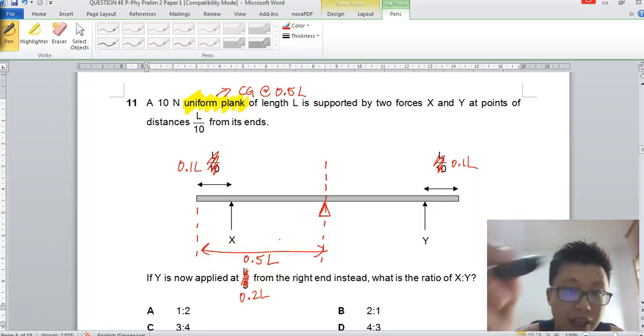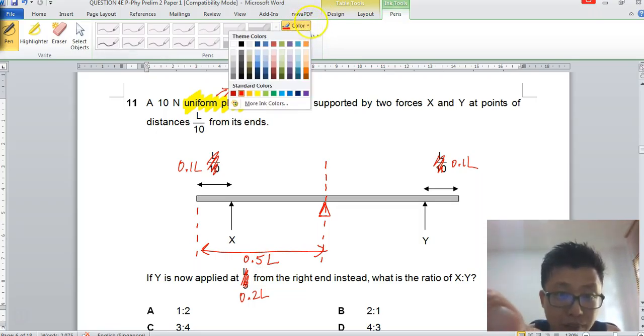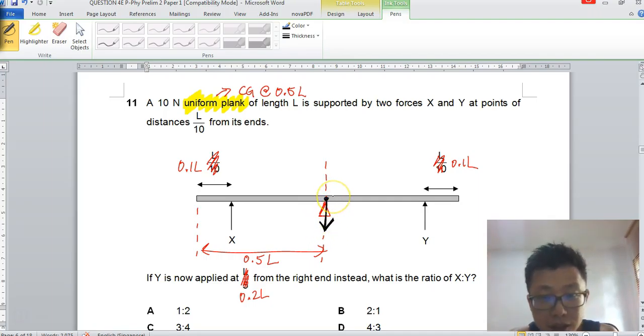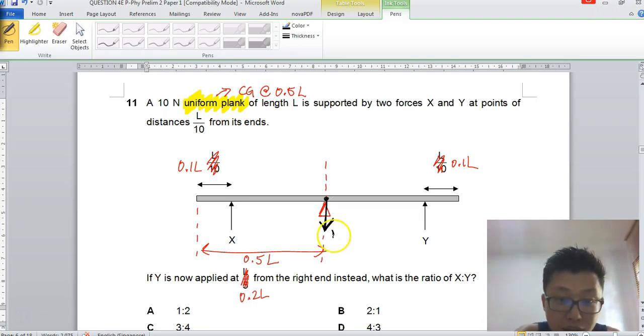Why is it that I want to do this? Because if I put my pivot there, then the weight of this plane will be directly above the pivot, and because of that, I do not need to consider the moment caused by the weight of this plane. So in this whole calculation, I will take pivot at the CG. Now, once I do that, I look at the question.